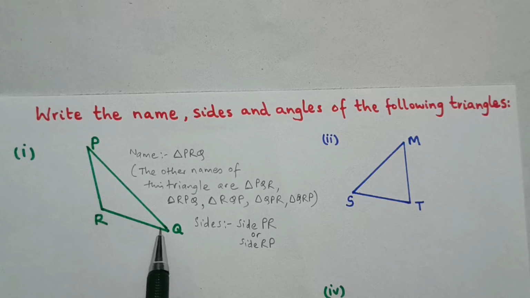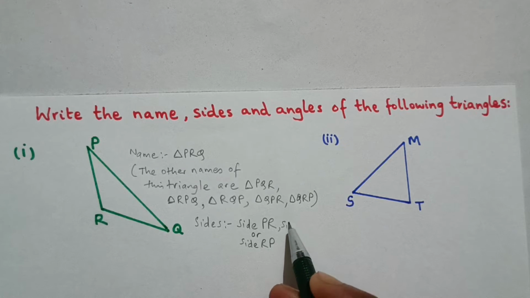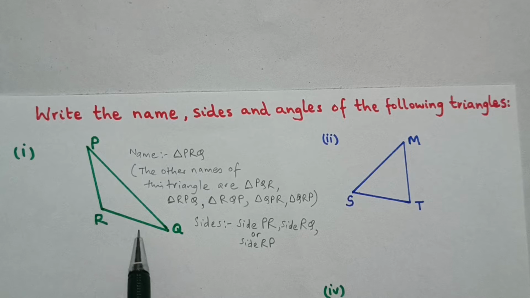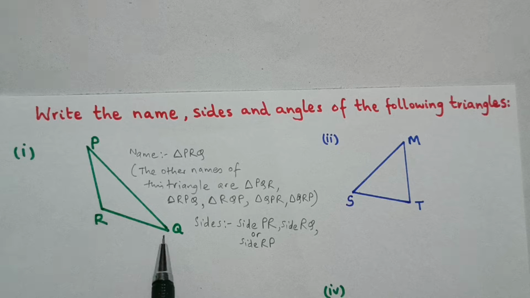I will call this side as side RQ. But you can call it as side QR also. So either you call this side as side RQ or you call this side as side QR. Both are correct.